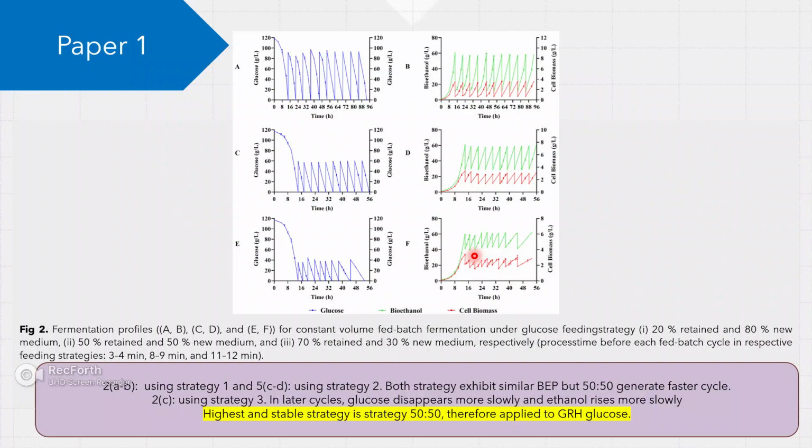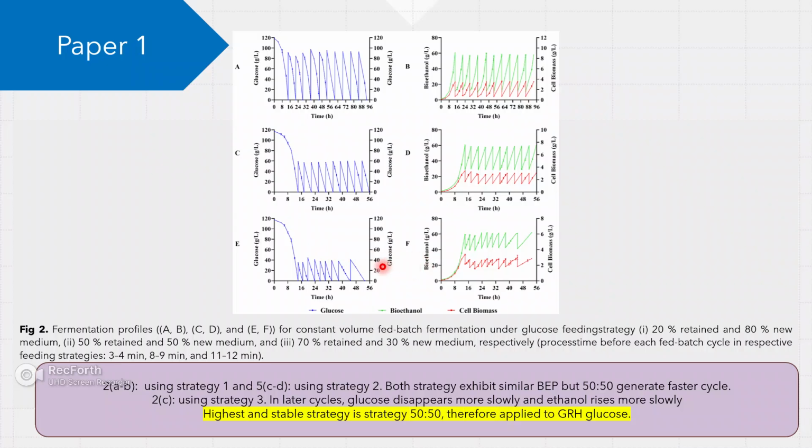Both strategies exhibit similar BEP, or bioethanol productivity, but in this case they generate faster cycles. In the third strategy, in later cycles, glucose disappears more slowly and the ethanol rises more slowly, as shown in this picture, because it is really significant.